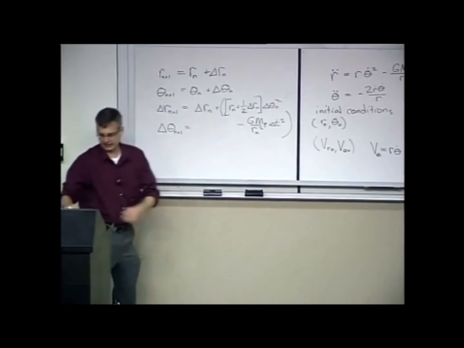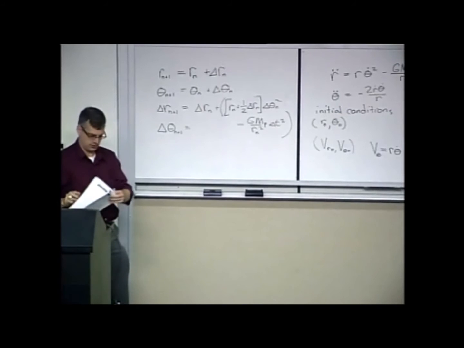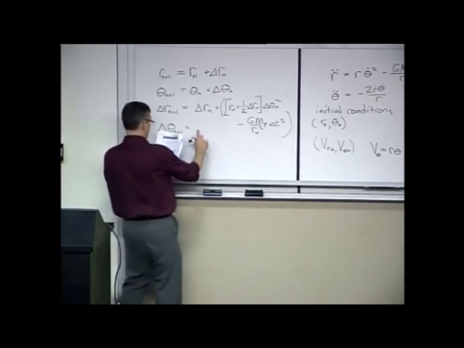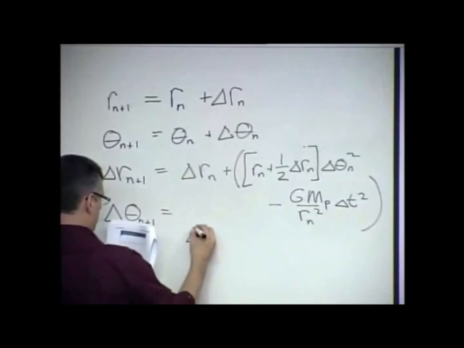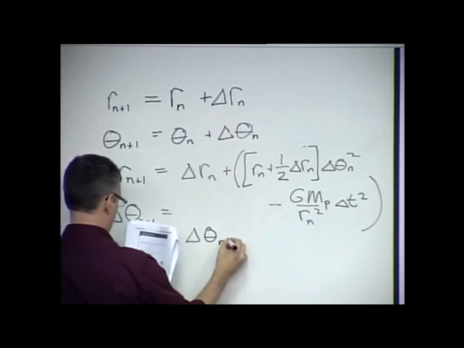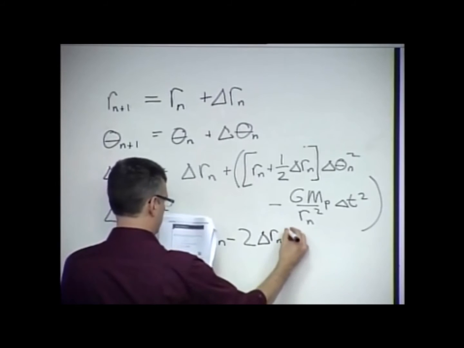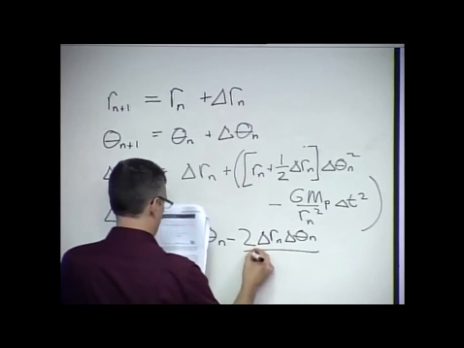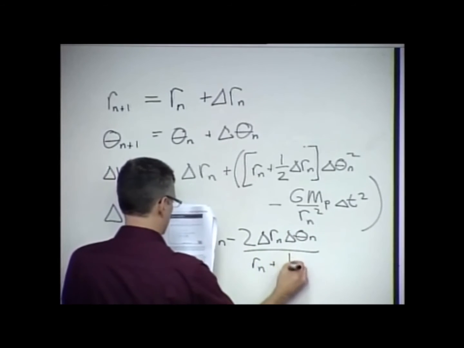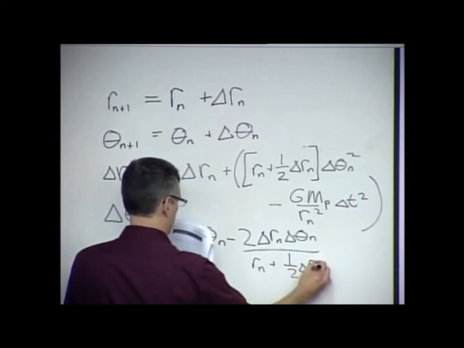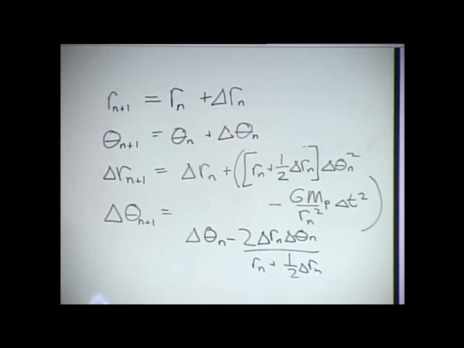And then finally, this last one is 2 delta r sub n delta theta sub n over r sub n plus 1/2 delta r sub n.